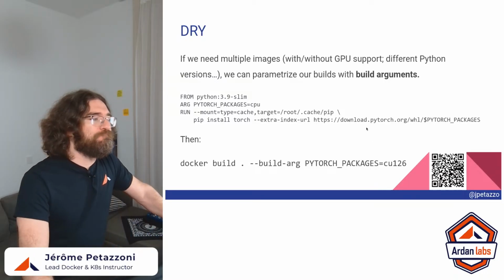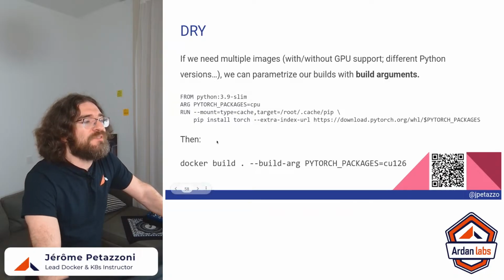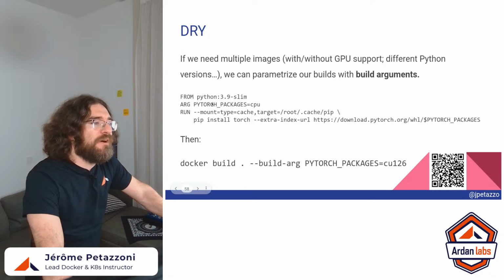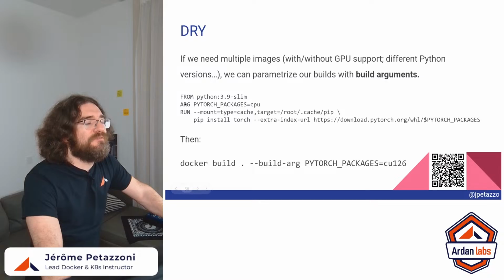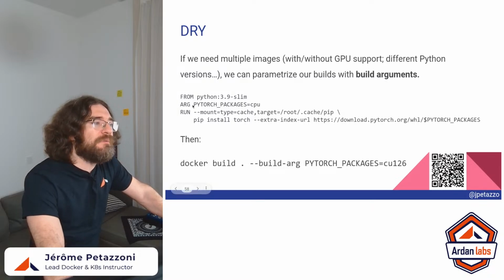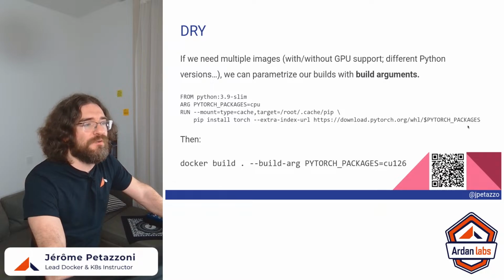The way this works, it's a little bit like env in Dockerfiles, but instead it's arg, and arg is going to be available only at build time. So this variable PyTorch packages, you can see I'm using it here, $PyTorch packages.